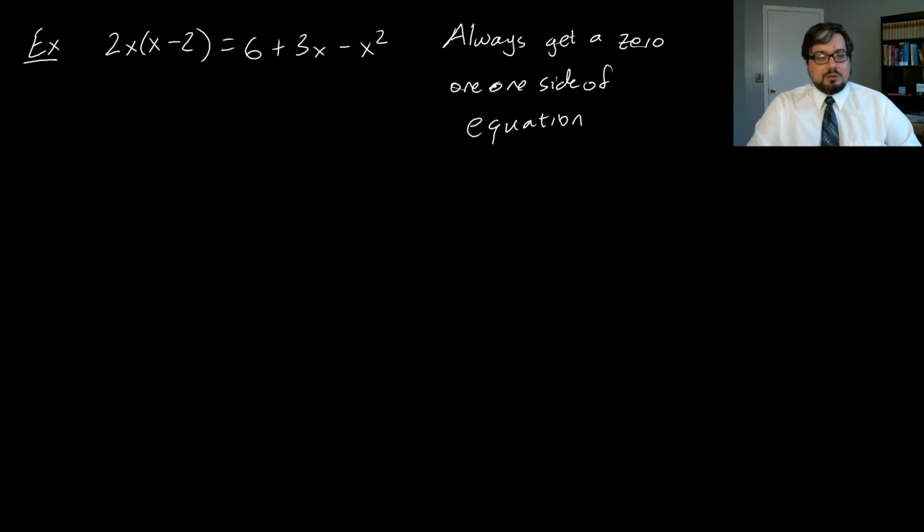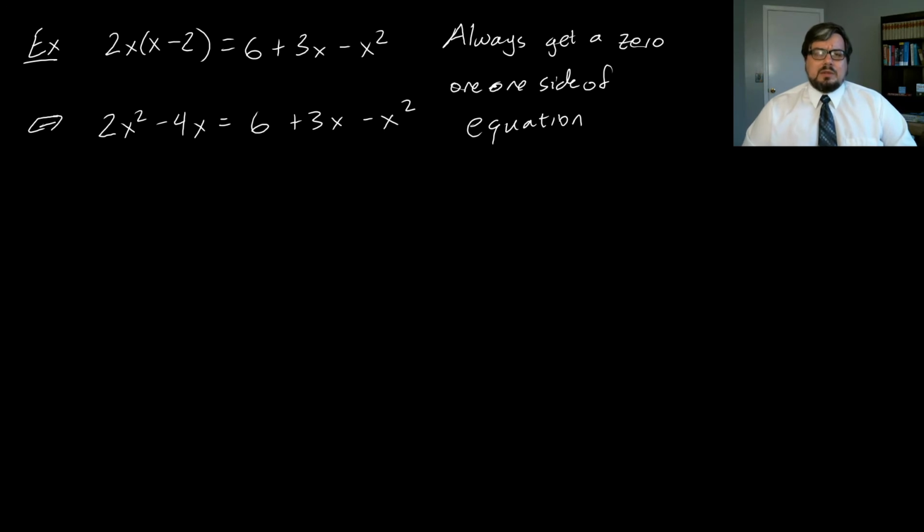Now, the first thing that you do want to do is to expand both sides of the equation. So in this case, I'll write 2x squared minus 4x, and that'll be 6 plus 3x minus x squared. And I want to gather all of my terms on one side of the equation. Now, it doesn't matter whether I gather everything on the left or on the right.